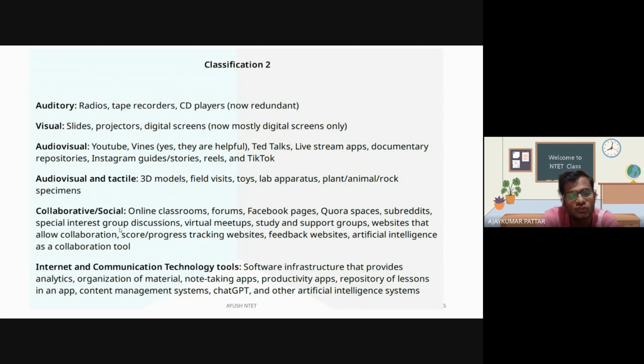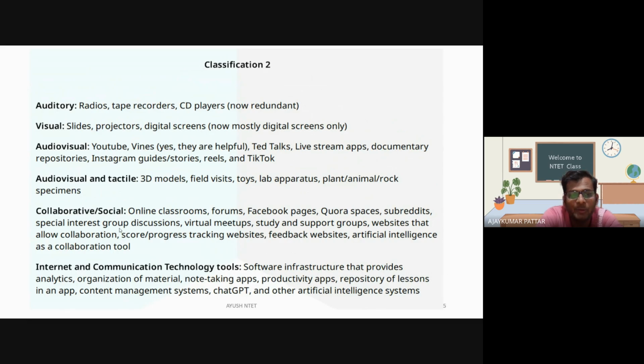Then collaborative or social teaching aids. These are online classrooms, forums, Facebook pages, Quora spaces, subreddits, special interest group discussions, virtual meetups, study support groups. So these are some people or groups who are ready to give answers, suggestions, or whatever help you need. If you put any question on Quora, one of the search engines, regarding NTT or AIPGT, a lot of people will give their review or opinion.